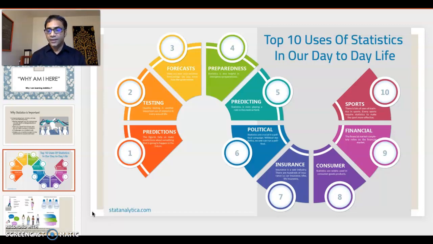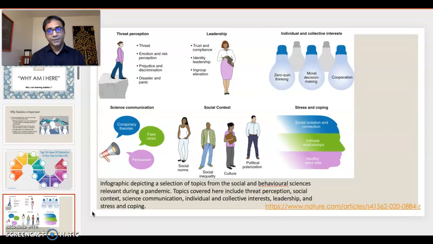It has importance in social behavioral research. If you are engaged with your clients, we need to have client feedback. In financial settings, and in sports also, statistics is extremely important.